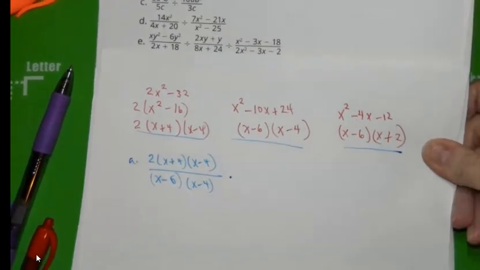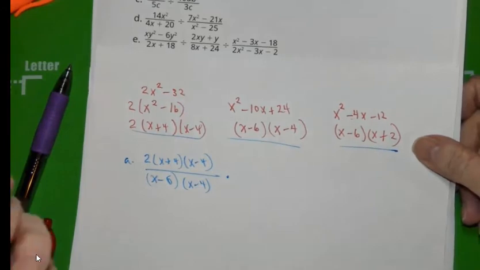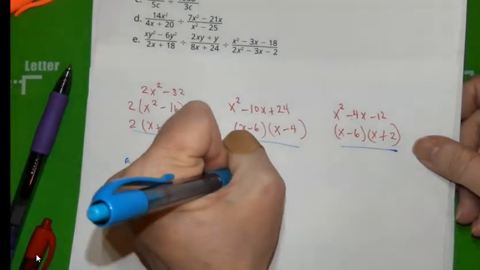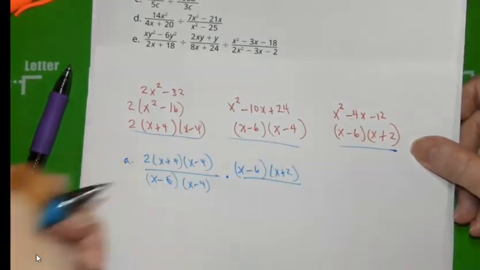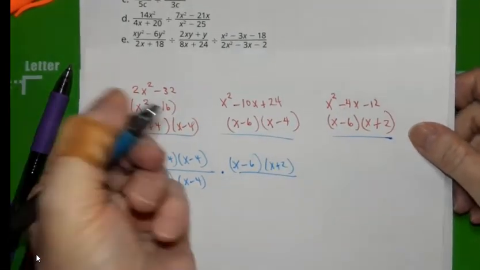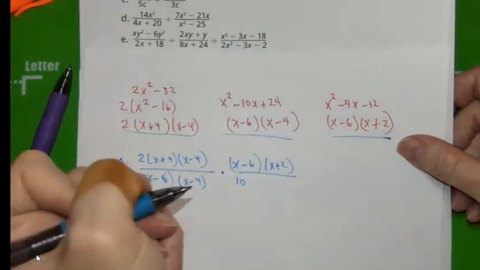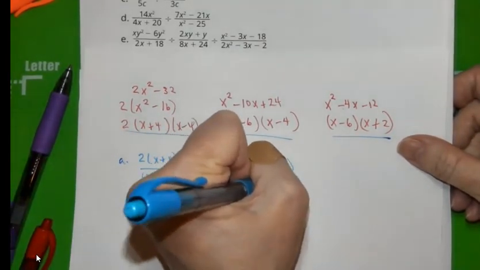The second fraction has a numerator of x minus 6 times x plus 2. And the denominator, I haven't done this one yet. I need to factor out this 10 and get 10 times x plus 2.